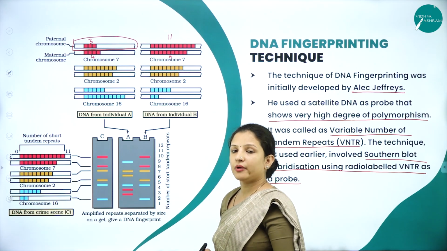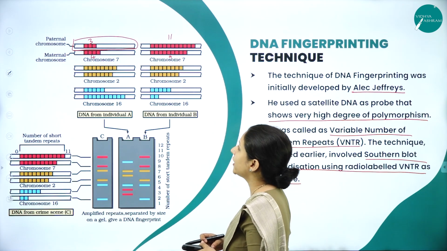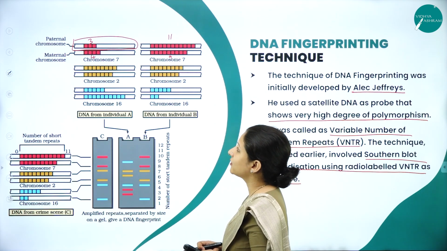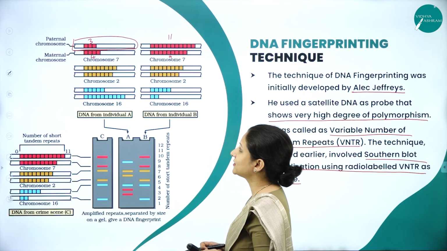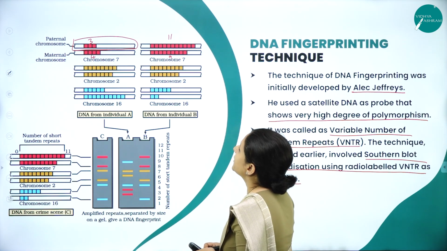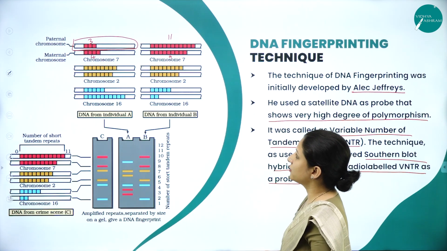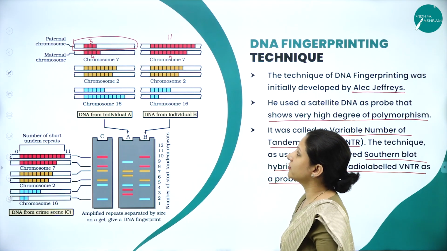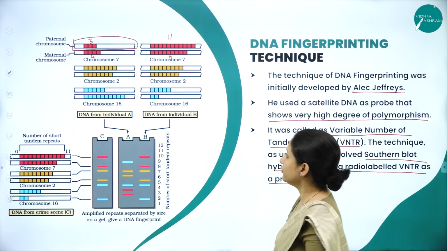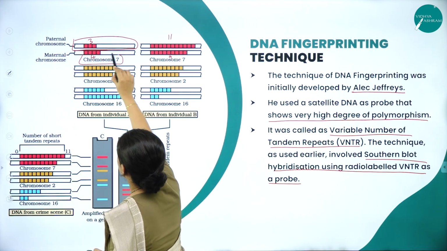They isolated the chromosome and did the DNA sequencing, and then they got to know that the number of repeats in the paternal chromosome of individual A is 3 and maternal chromosome is 4. The number of repetitive sequences on individual B's paternal chromosome is 11 and maternal chromosome is 7. Now this was in chromosome number 7.